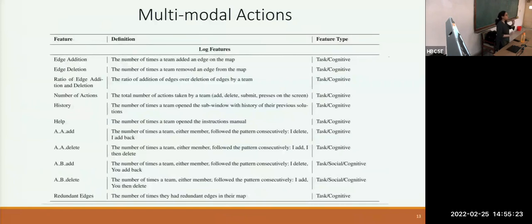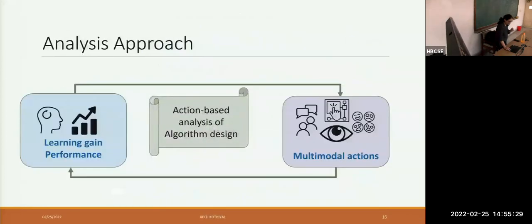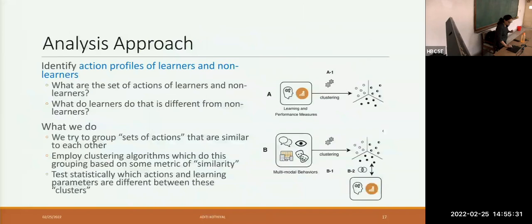And then we try to find which of these points are close to each other in the space, and which are far from each other. That similarity metric can be anything depending on the nature of the data. Here, since we are using real numbers, we are using a Euclidean distance metric. Okay?